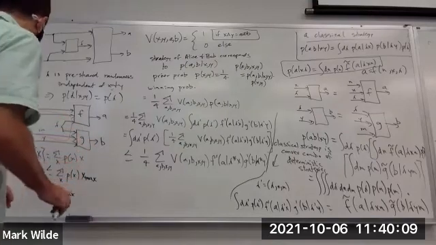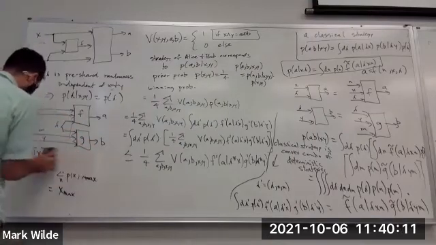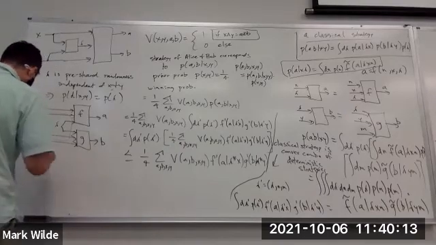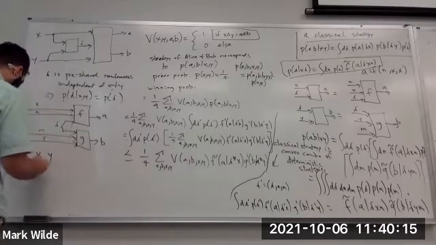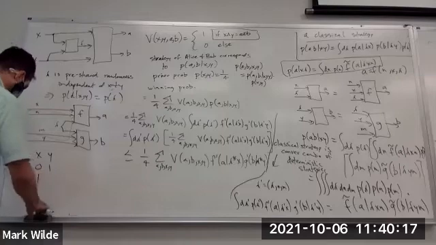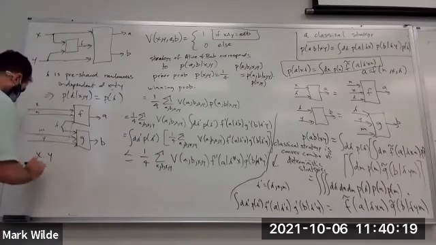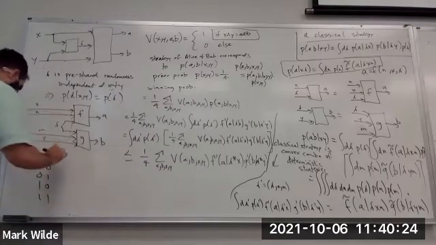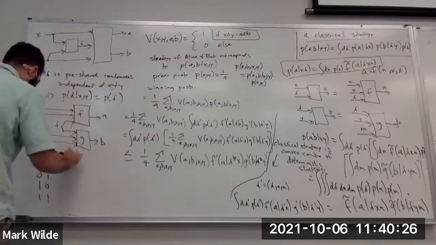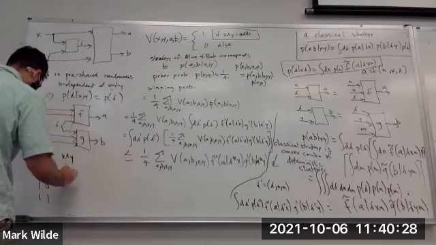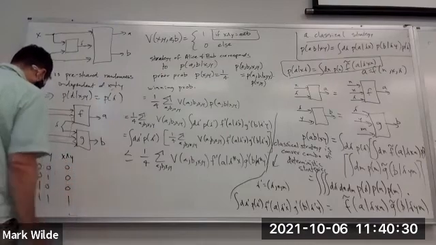Okay. Let's work out how that would do. So X, Y. Here are the possibilities: 0,0; 0,1; 1,0; 1,1. So the AND is 0, 0, 0, 1.